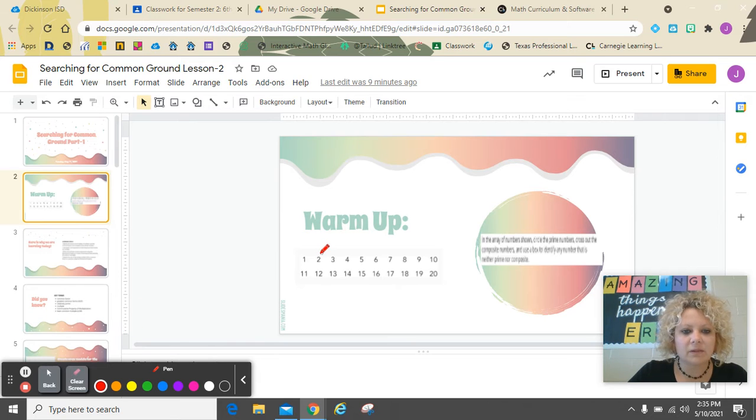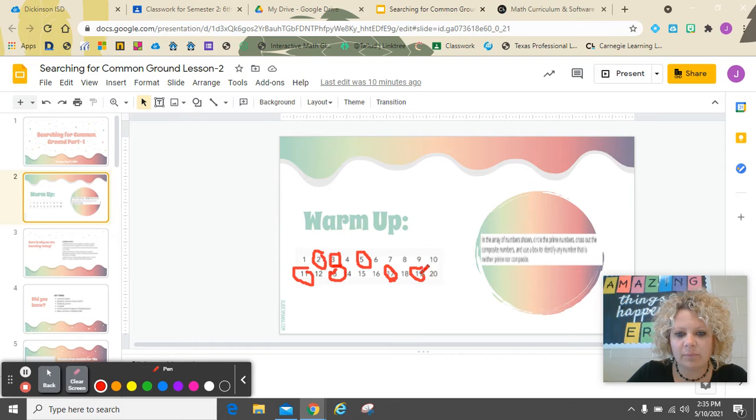So we're going to circle the prime numbers first. You should have circled 2, 3, 5, 11, 13, 17, and then 19.